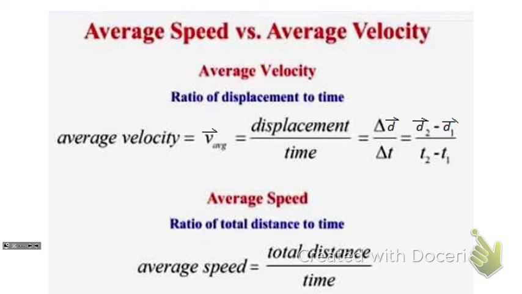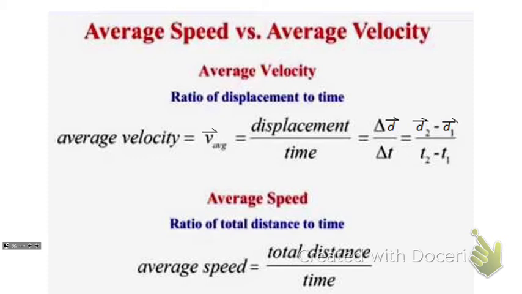Here are our formulas for average speed and average velocity. Velocity is equal to displacement over time. Remember, time is not a vector quantity, so it does not have the vector cap.